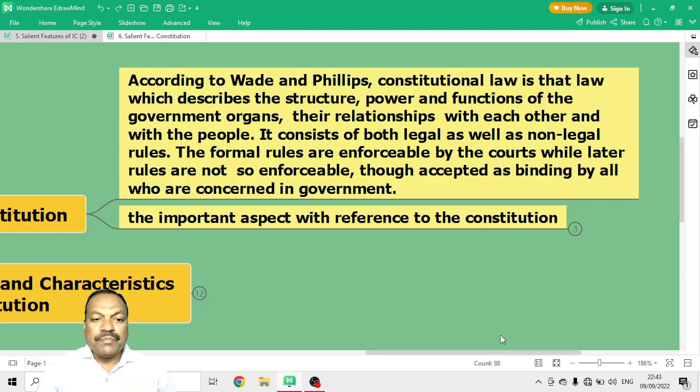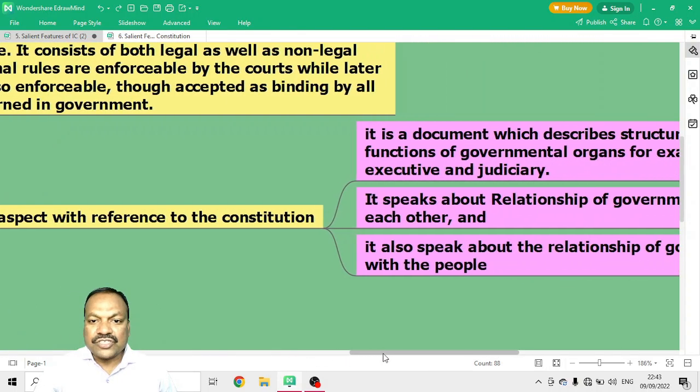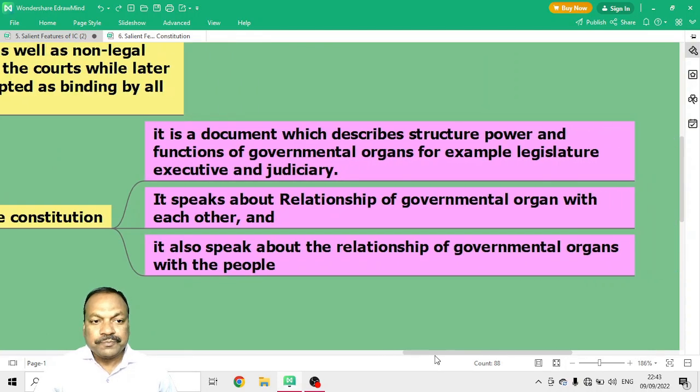Now here, the important aspect with reference to the constitution is the three things which have been explained in this definition. The first one is that our constitution is a document which describes the structure, power, and functions of governmental organs, for example, legislature, executive, and judiciary. Secondly, our constitution speaks about the relationship of governmental organs with each other.